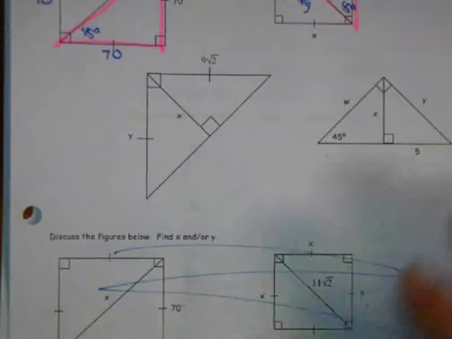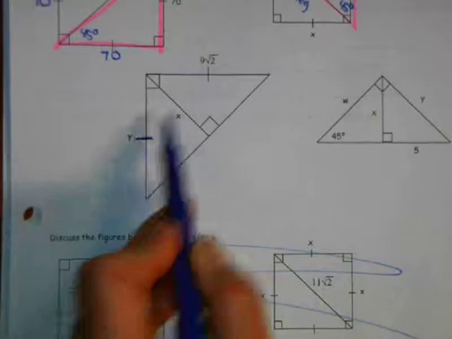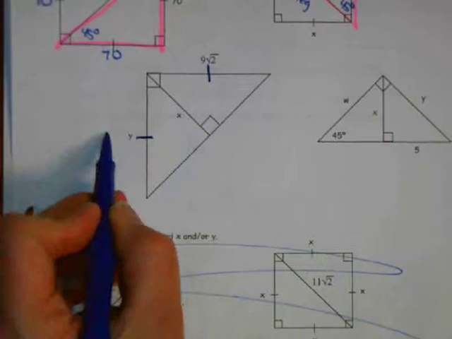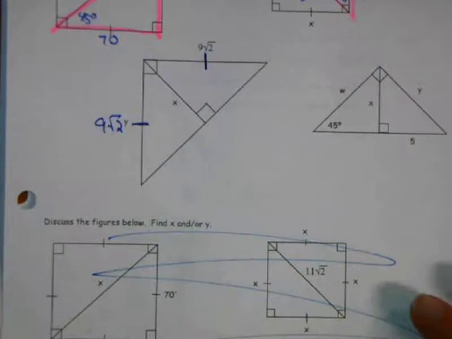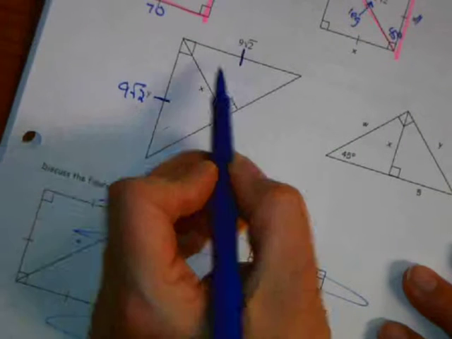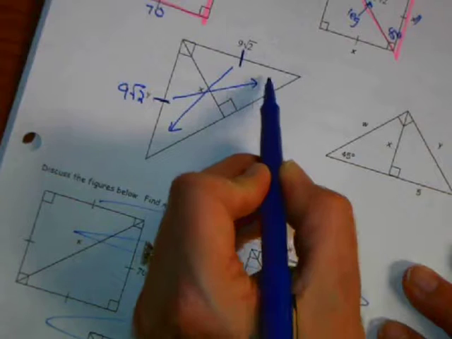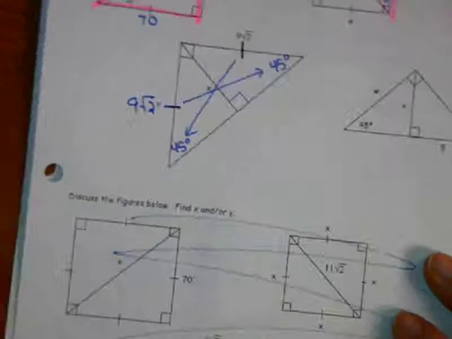Almost done. You have to look at this as a big isosceles triangle. That's what this means. So this is 9 times the square root of 2. I already have y. If this is a big isosceles triangle, that means that that and that have to be congruent. So that's 45 and that's 45.